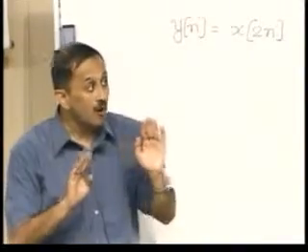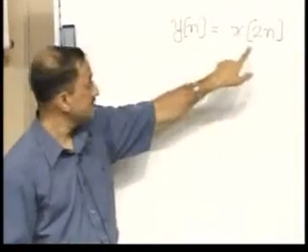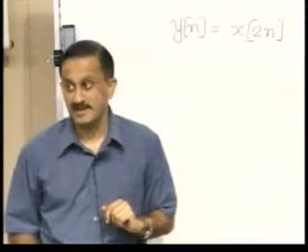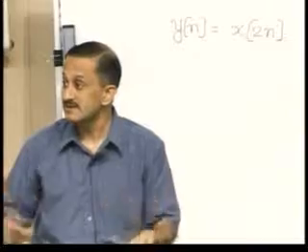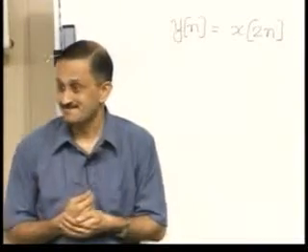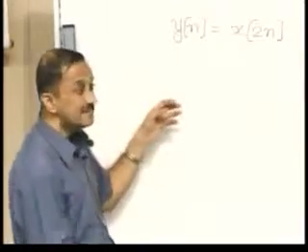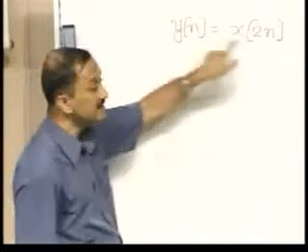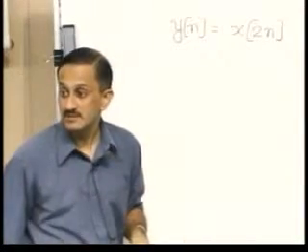Therefore, all the odd points of x are lost when you go from x[n] to x[2n]. And therefore, we expect that even in the z domain, this non-invertibility will be reflected. In other words, there is an infinity of sequences x[n] for which y[n] is equal to x of 2n. That is what it means when we say it is not invertible.